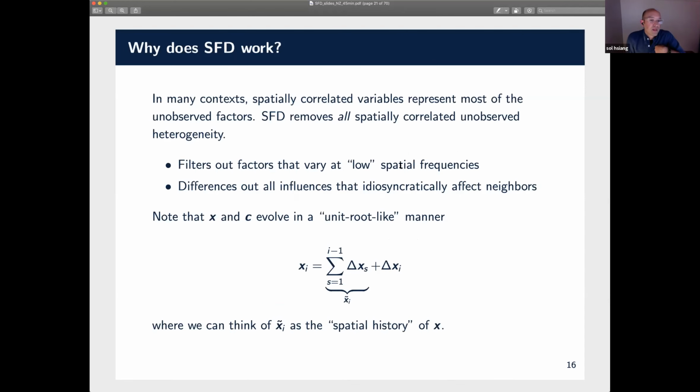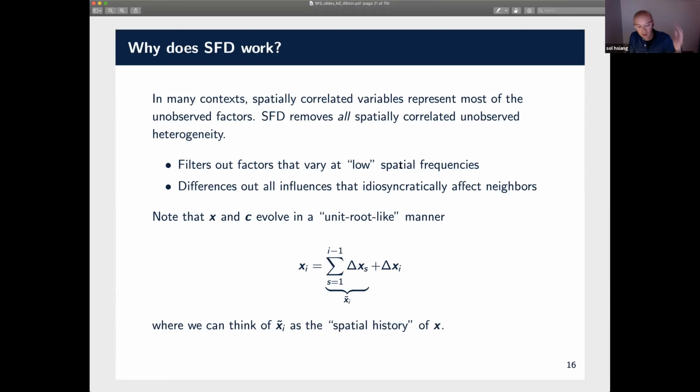Okay, so sometimes people are like, but intuitively, why does this work? I think the way to think about this is to draw further on the analogy with time. It turns out in a lot of cross-sectional data sets, the variables that are causing omitted variable bias are slowly moving, spatially coherent variables.